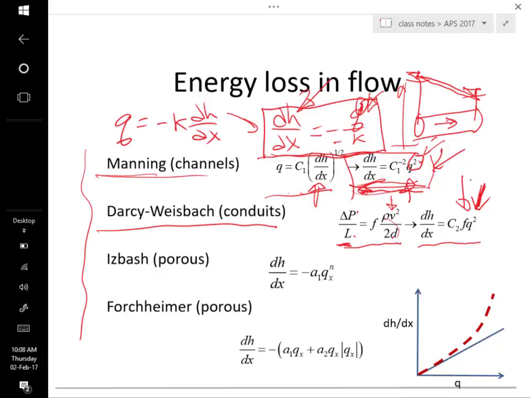Some of the other similar flow laws that you might come across include the Weisbach law for the head gradient. It's just saying the head gradient is proportional to the flux to some power, which is consistent here. The power is 1 under laminar and 2 under fully turbulent conditions.